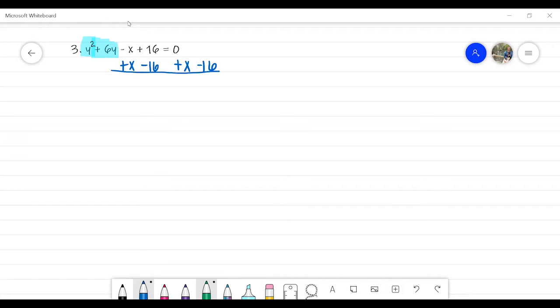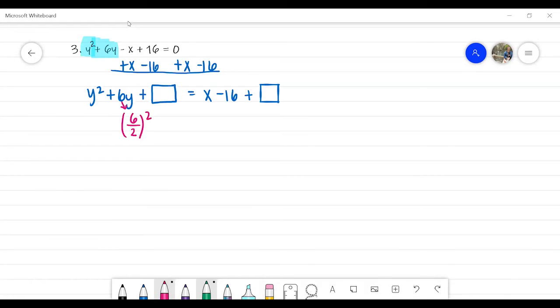So we'll get y squared plus 6y plus whatever we find, that'll go here, equal to x minus 16 plus, again, whatever number we find when we complete the square. So let's take a moment and actually do that. We take 6, divide it by 2, and square it.